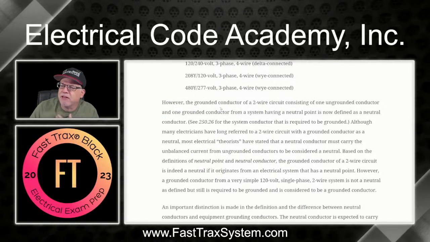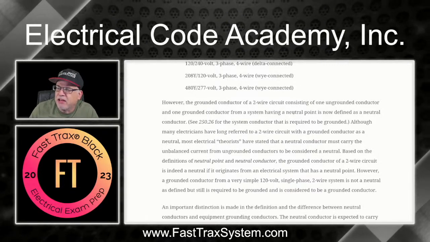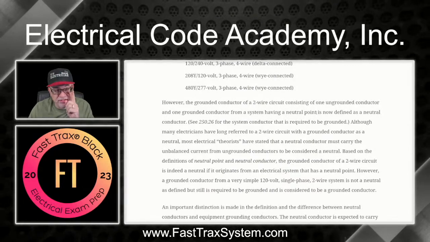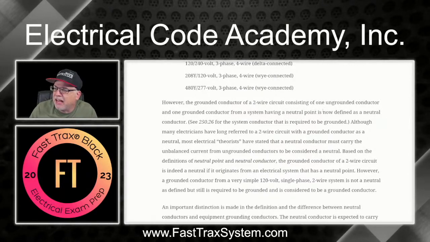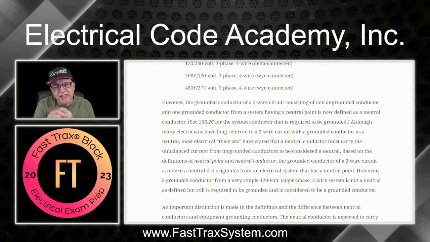It says, however, the grounded conductor, which it is, in a two-wire circuit consists of one ungrounded conductor, that's the hot, and one grounded conductor from the system having a neutral point is now defined as a neutral conductor because it has a neutral point where it's connected.